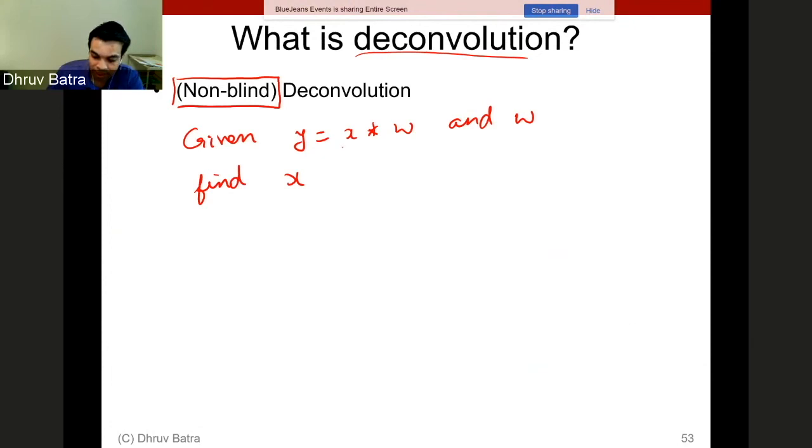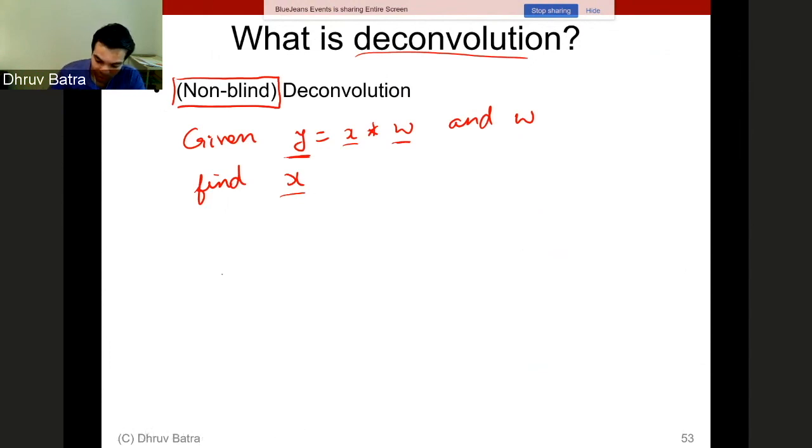That if I tell you the output of a convolution, and if I tell you what filter I convolved it with, can you recover my signal? And this is non-blind deconvolution, and there is a way of formulating convolution as matrix multiplication, we will cover that next time. You've seen some of it in the homework. And so deconvolution is asking for a matrix inverse operation.